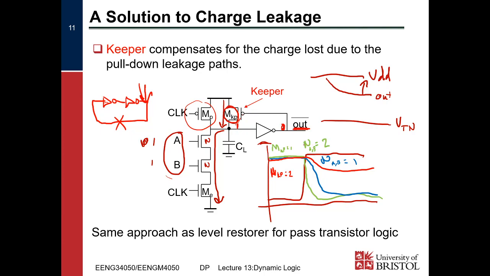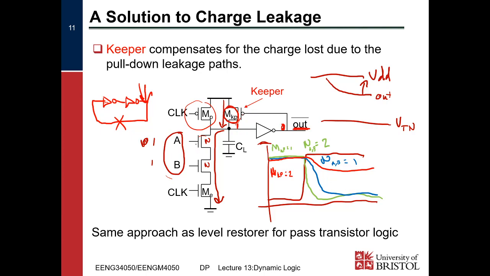If we've got a very strong pull-down network and a weak keeper transistor, it'll very quickly overpower it. If we make our pull-down network weaker relative to our keeper transistor, it'll be slower.